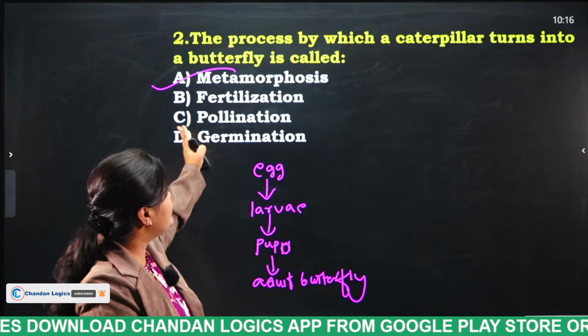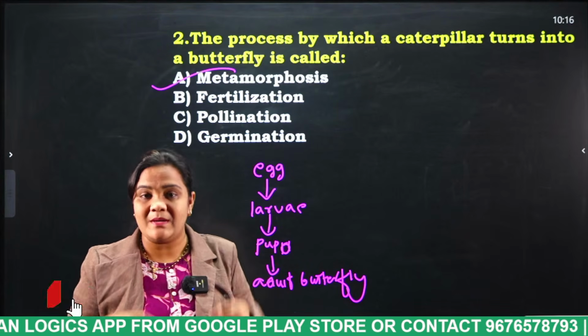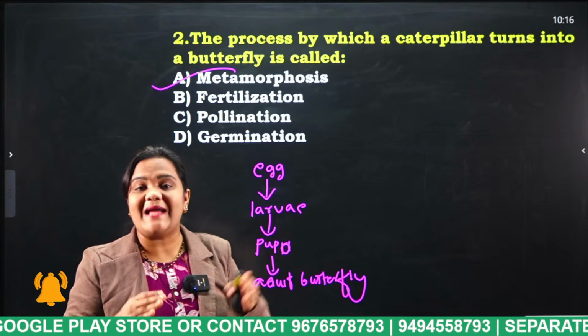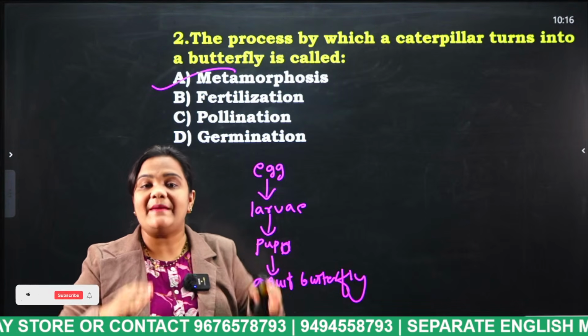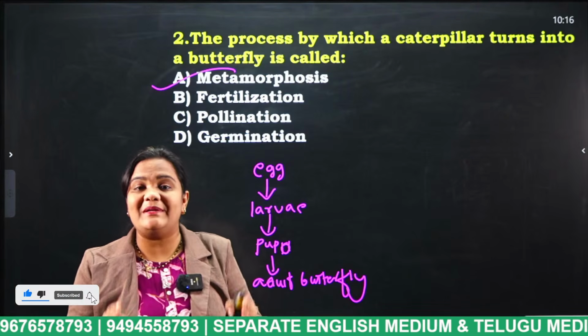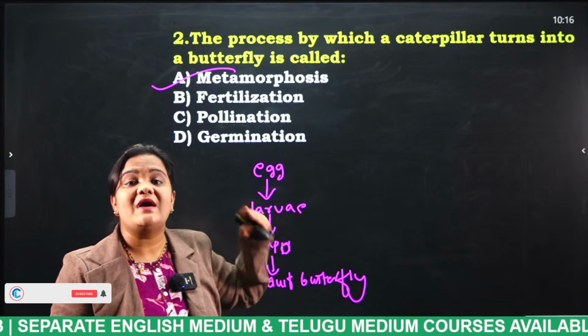Next, you all know what we mean by fertilization, students? Fertilization takes place in human beings and animals. The male gamete, the sperm, will enter into the female gamete, the ovum, and a zygote will be developed. That type of process we call fertilization.